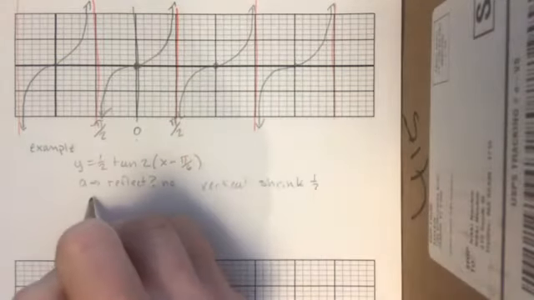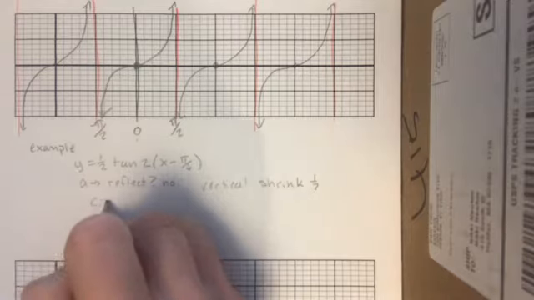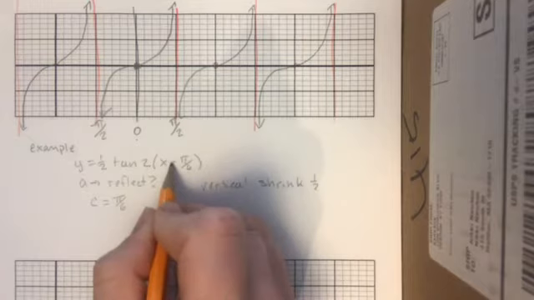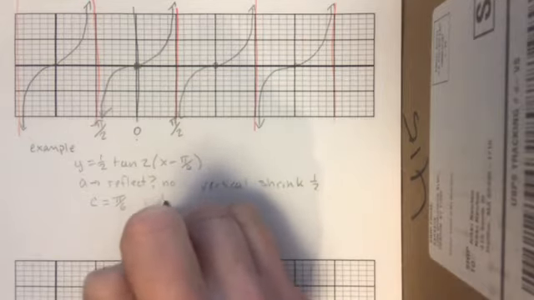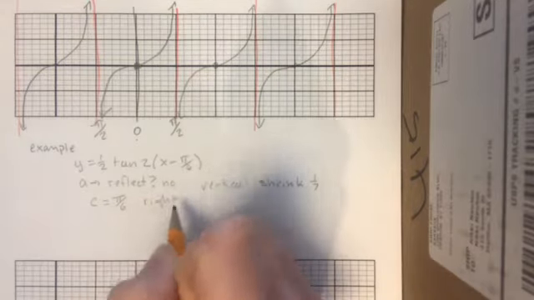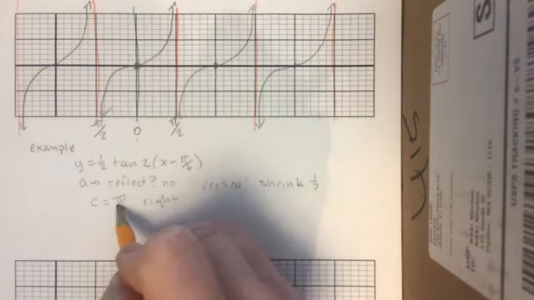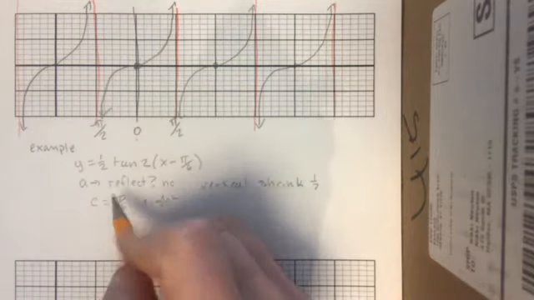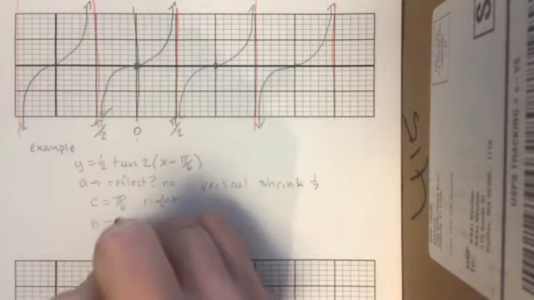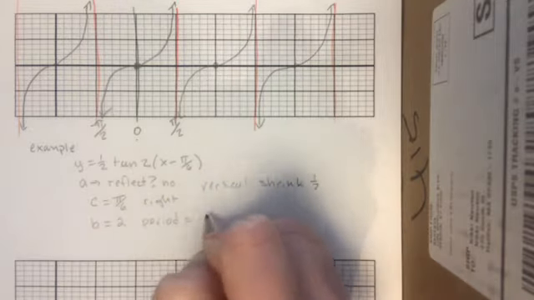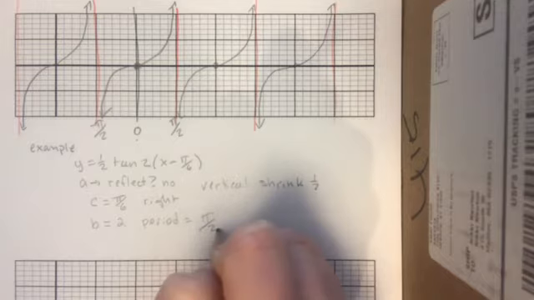All right. And C is pi over 6, opposite sign of this. So that's going to be to the right. So that means the center of the pinwheel moved to the right a distance of pi over 6. And since B is 2, my period is going to be pi over 2.